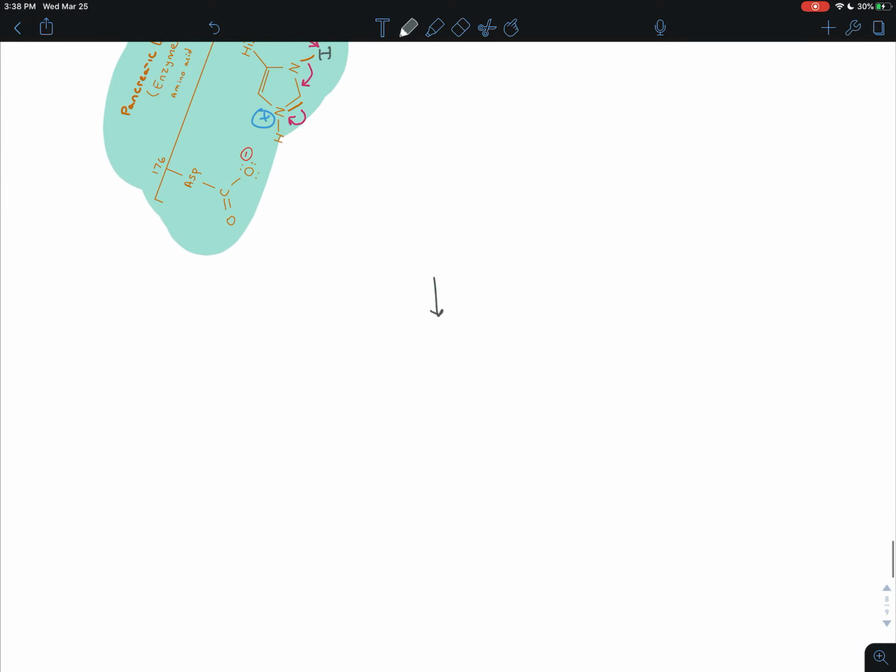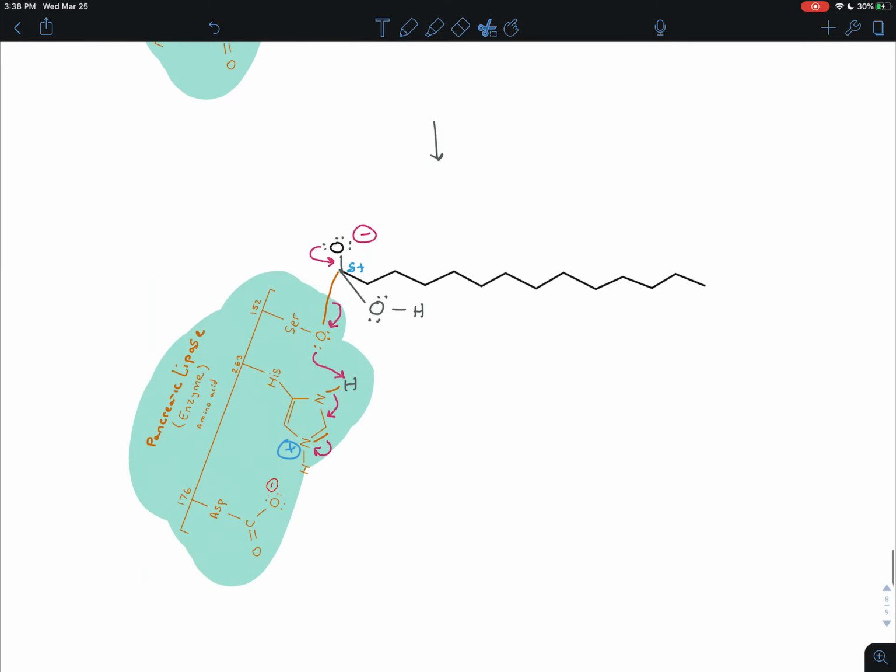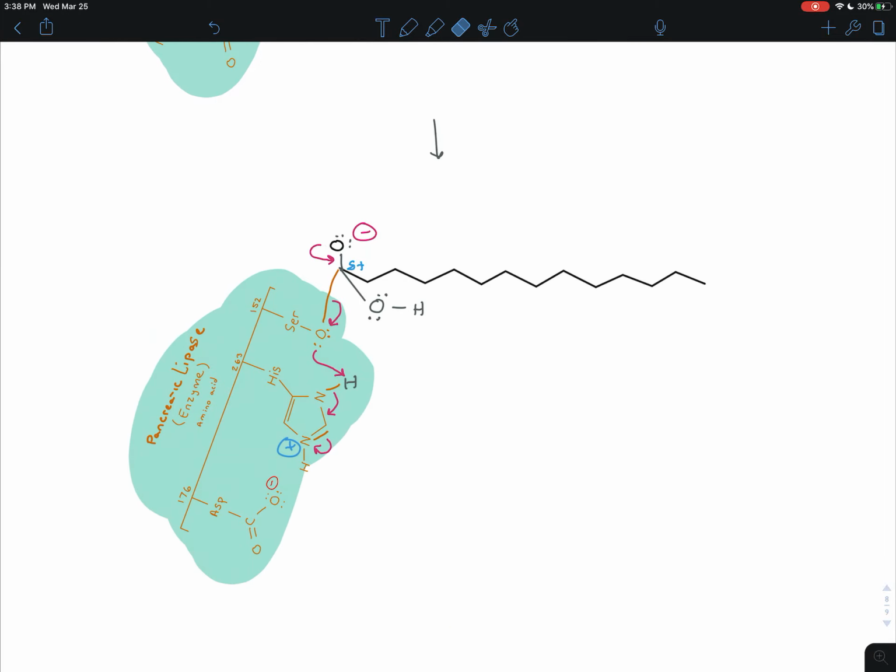All right, so at that point, this lone pair will become a pi bond. Because the electrons are being shared, they're not going to give that oxygen a full negative charge. This bond will break, it's getting pushed off, and our leaving group is going to leave.